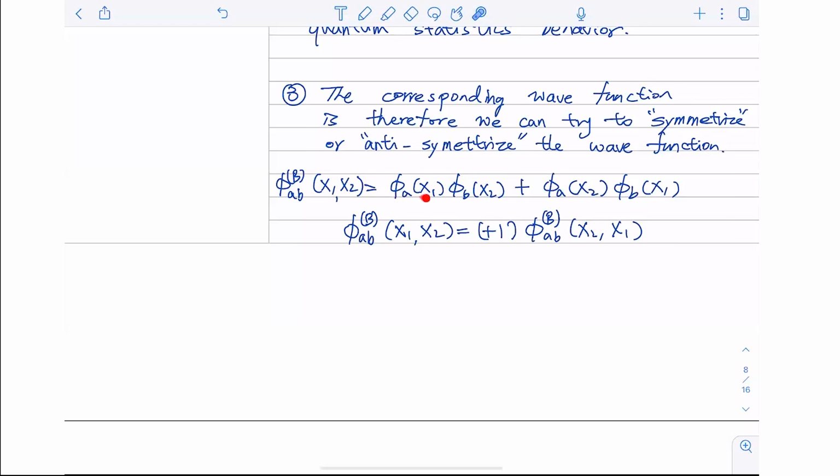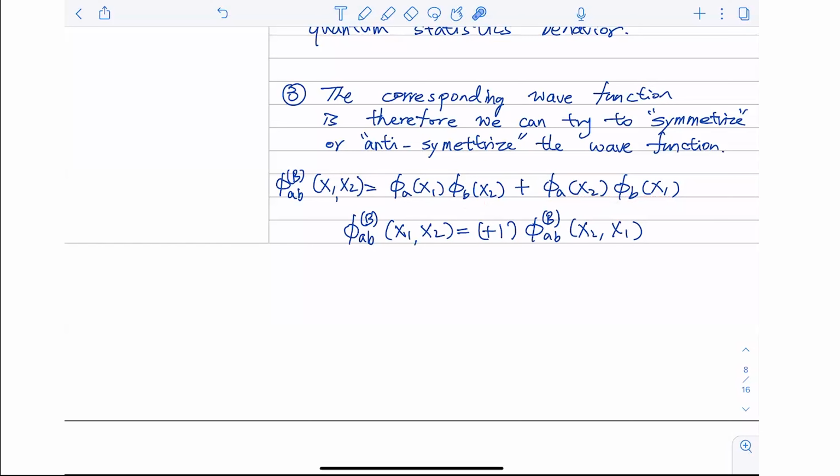And obviously, this expression satisfies this constraint because now we write down the wave function as phi a x1, phi b x2, plus phi a x2, phi b x1. Okay, so the only difference of the first term and the second term is that the x1 and x2 is swapped.